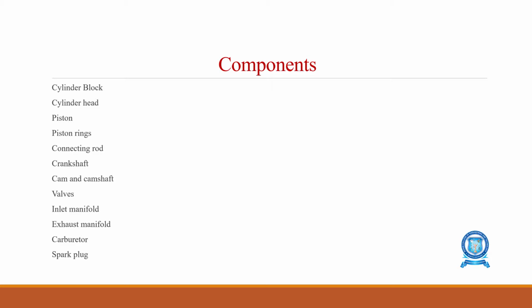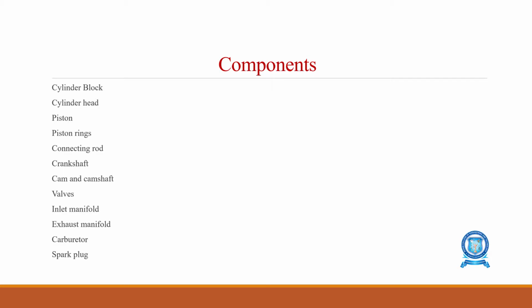Exhaust manifold. After the combustion process, the exhaust process happens. The exhaust means driving the burnt gases out of the cylinder. Coming out of the cylinder, there is a pathway which is connected to the silencer, and that pathway is called the exhaust manifold.